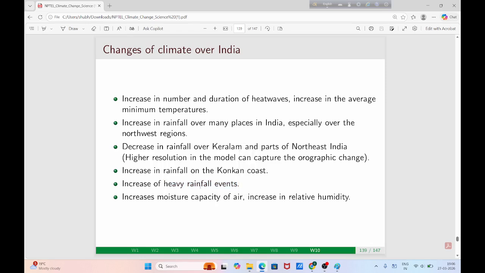That is one scenario. That is one possibility. And also there are chances of an increment in the moisture capacity or in the relative humidity. So if it happens, then the places will experience more uncomfortable weather, because if temperature is combined with humidity, then the weather becomes more uncomfortable.